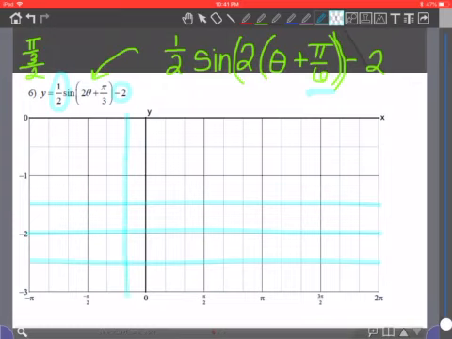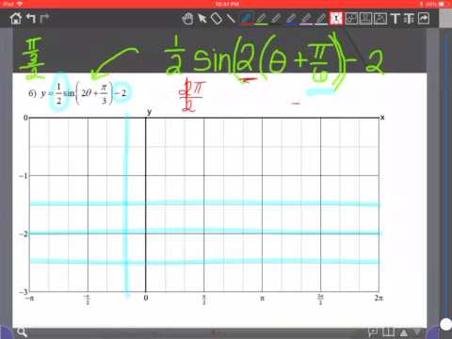So I'm going to draw where I need to start, at pi over 6 to the left. And then I have to check the b value. So normally I make a full cycle in 2 pi, but there's a b value of 2. So now I'm making a full cycle in pi.